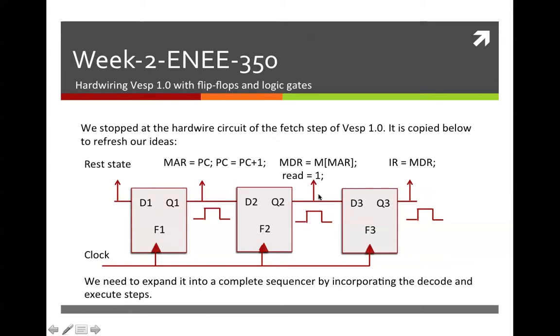So when we get this done, by the time we're at the end of this clock cycle, we would have reached this place. And with the ticking of this clock cycle here, we would actually have the MDR, which now holds the instruction, copied into IR. And that's where we're supposed to have the instruction in order to decode and execute it.